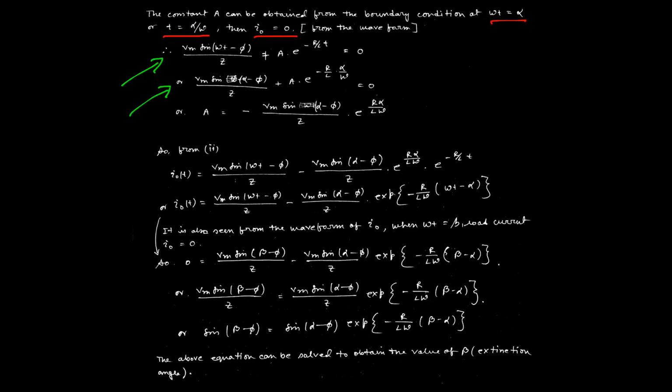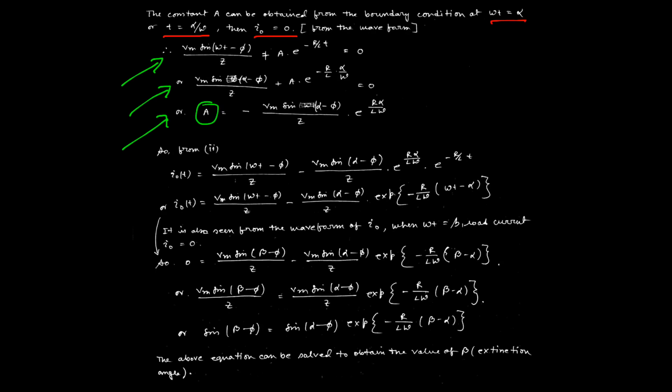As we know, t equal to alpha by omega, just we have put the value alpha, that is t equal to alpha by omega. So we can have the result, that is the constant part a, that is equal to minus Vm sin (alpha minus phi) divided by z into e to the power r alpha by l omega.